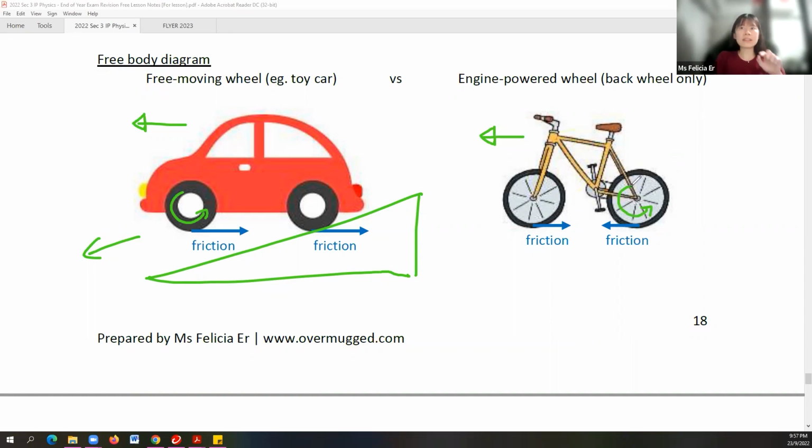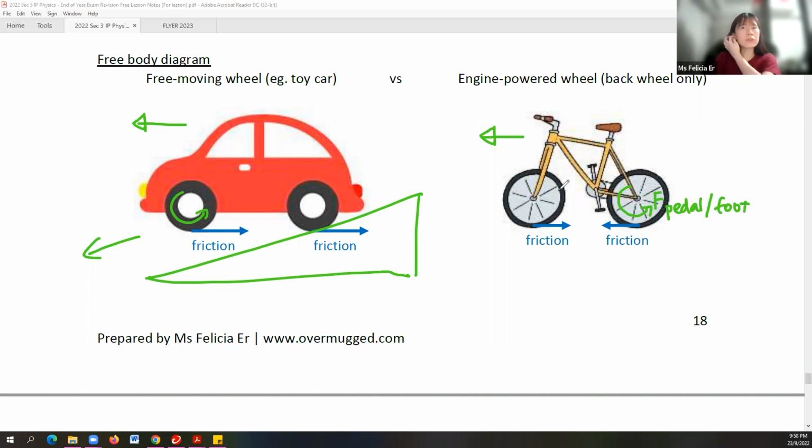So your force is in the anti-clockwise direction. That's why your friction must always oppose the motion, so it should be towards the left. You see this time around, the friction is to the left to oppose the force exerted by the pedal, or by your foot.